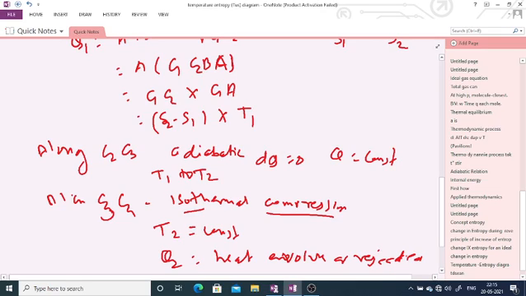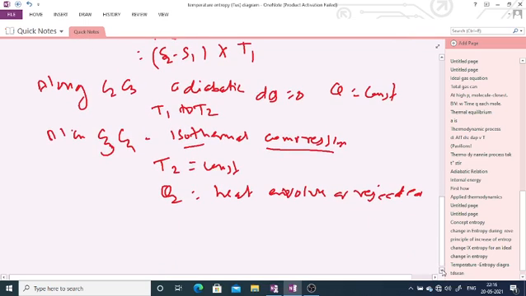So the total amount of heat rejected by your system, Q2, is equal to the area of C3 C4 AB.